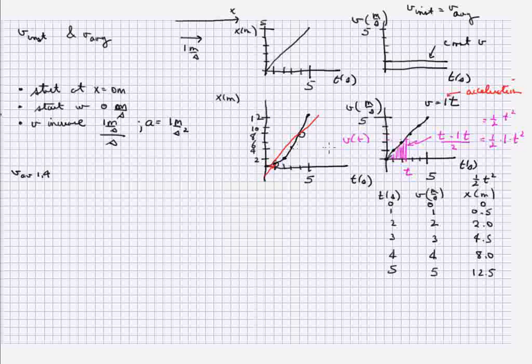So the slope of this line, which is going to be this distance divided by this distance, that's a little right triangle here, this is going to be my change in x between 1 and 4, and this right here is going to be my delta t. The ratio of those two is the average velocity.